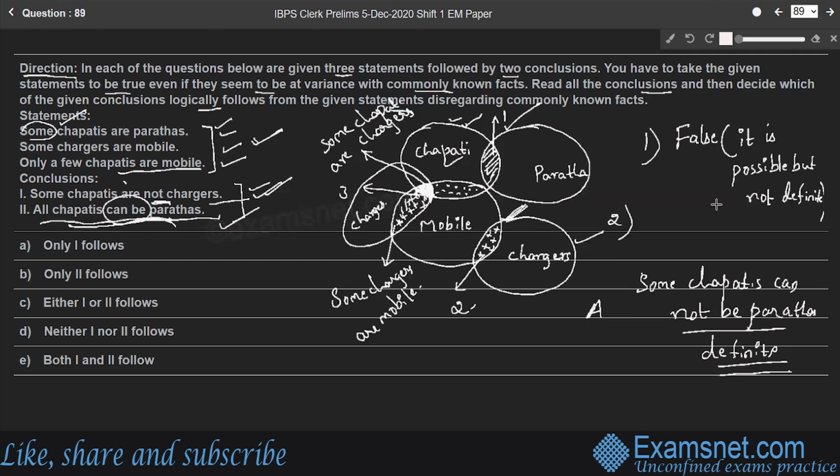Hence the word can be, right? Since the word some, therefore the word can be. Since the word some is here in the first statement, we can conclude can be, right? All chapatis can be parathas. Hence, the second conclusion is true. Therefore, only 2 follows. Option B.